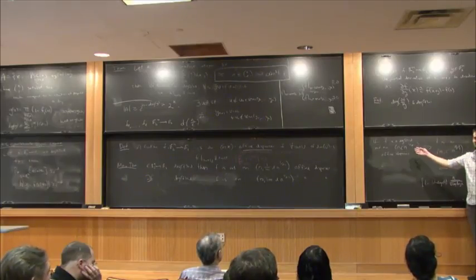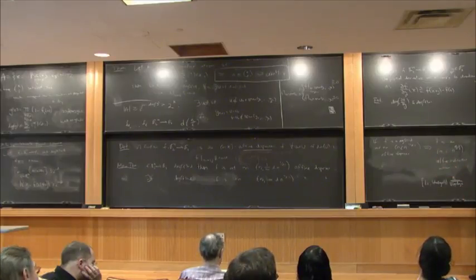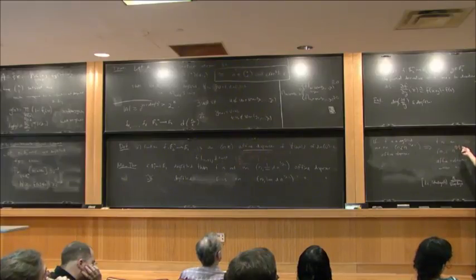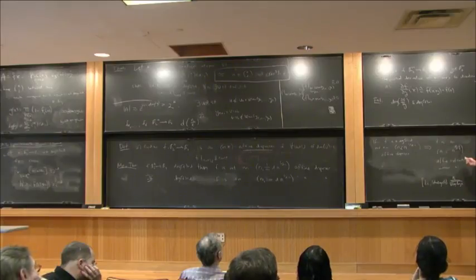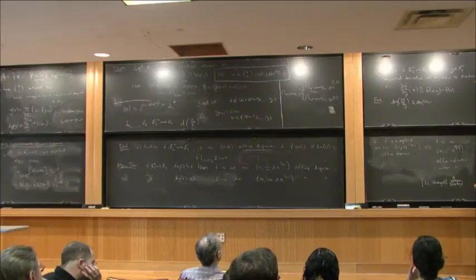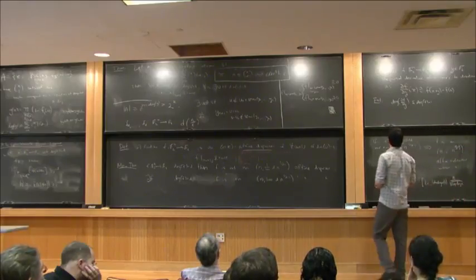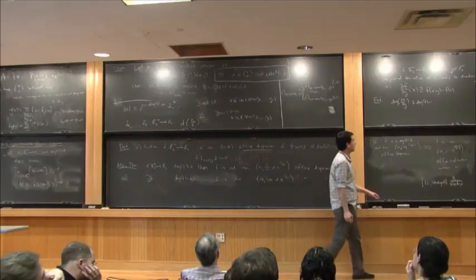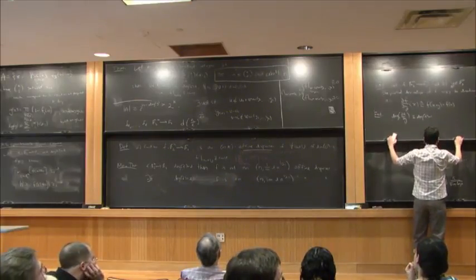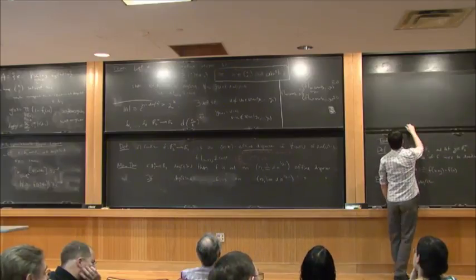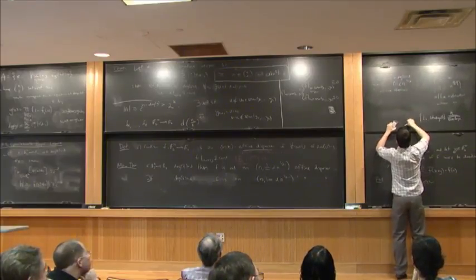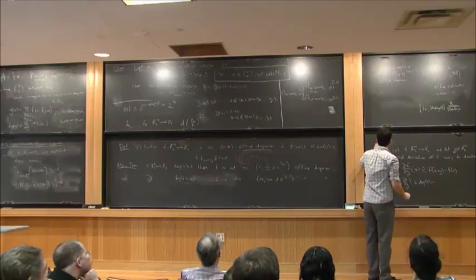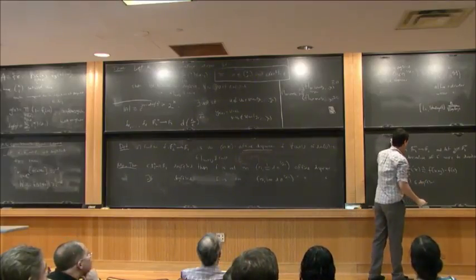Well, I don't know how to construct this, but at least we have a reduction. For example, for d equals 3, it's like this, and for d equals 4, it's like n to the some constant. Okay, so let me just show you the reduction quickly. Okay, so we use a very powerful theorem by Lovett and Kaufman.